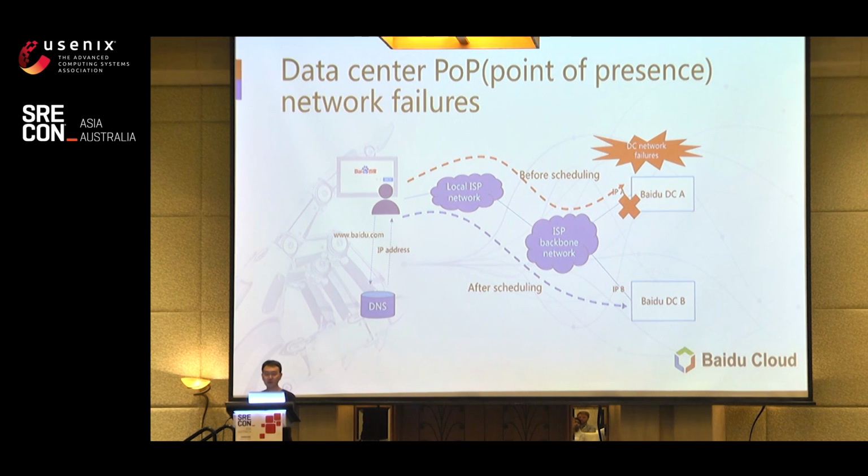When the POP network fails, requests to the data center fail. In this case, we need to schedule users' requests to other data centers with healthy POP links. The method is to adjust the DNS to replace the IP of the faulty data center with the IP of a healthy data center.